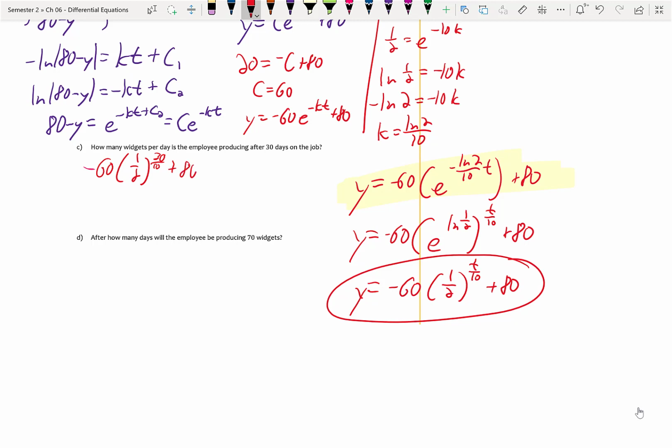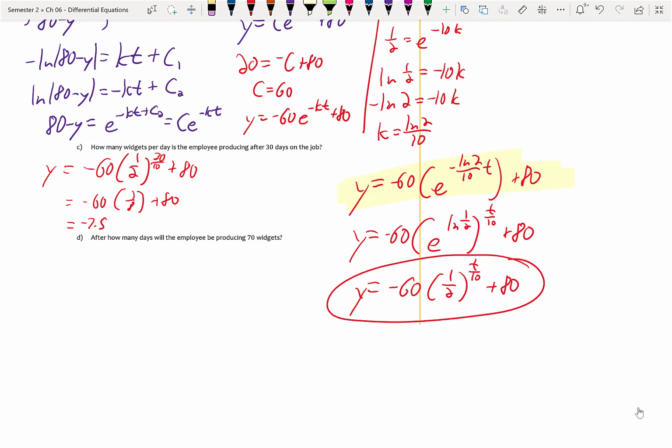This is the advantage of getting this equation into a form that has a base of 1/2. So I go negative 60 times 1/2 to the third power, or 1/8, plus 80. Negative 60 times 1/8 is negative 60, 30, 15. This is negative 7.5, which I'm just going to write as a decimal, plus 80.